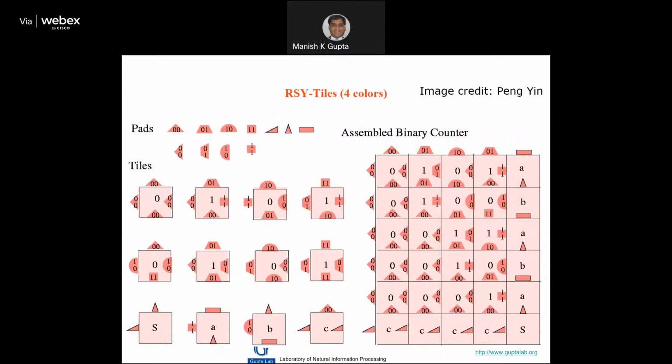When you actually grow this in simulation or in reality, you observe that a lot of errors will happen, and the errors are of different kinds. Mismatch error. Why does the error happen? Because hybridization may not be perfect. 0 color should match to 0 color, 1 color should match to 1 color. But 0 color will partially mismatch to 1 color, because 0 and 1 colors correspond to DNA strands, right?